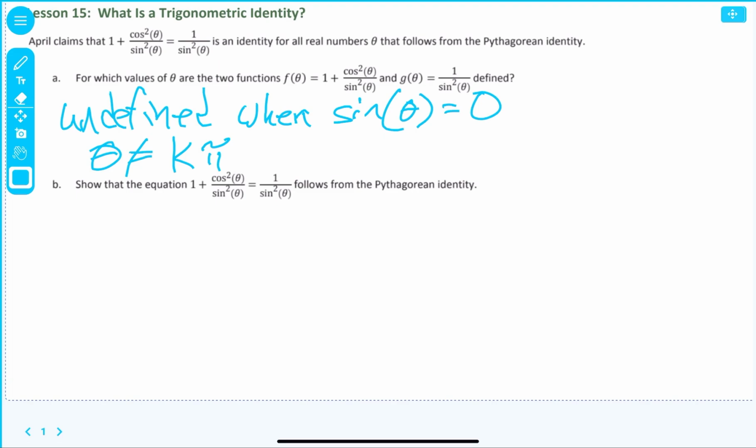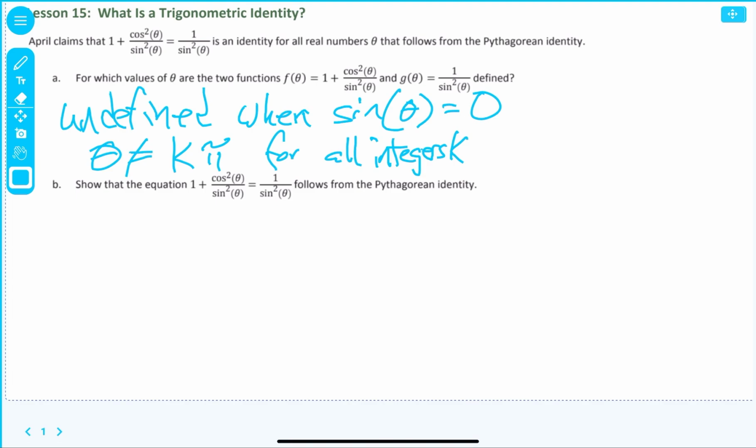And we have to define k, so for all real k's. So we wouldn't say 1.4 pi. It has to be 1, 2, 3, 4, 5. Okay? Actually, that's not right. It could be all integers k. So it could be negatives. All integers k.